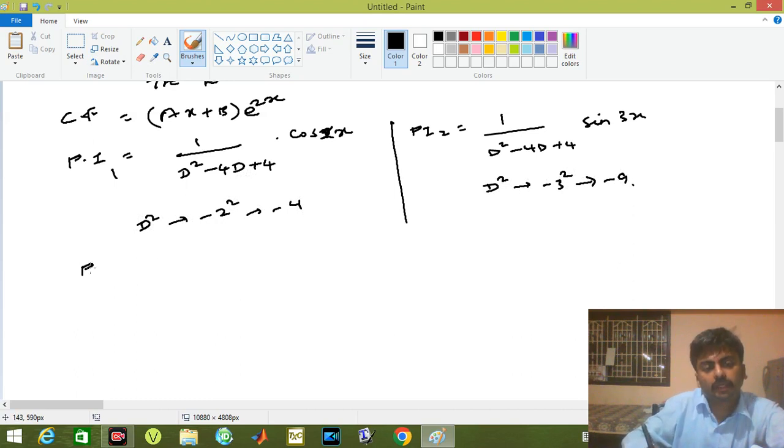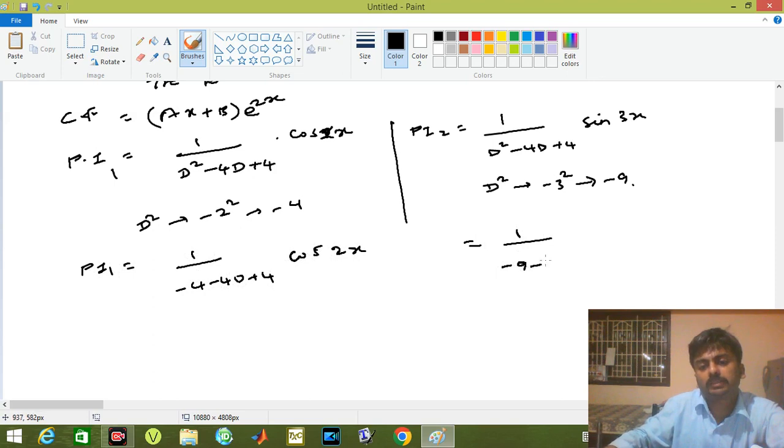So you will get PI1 equal to 1 divided by minus 4d plus 4 of cos 2x. Here you will get 1 divided by minus 9 minus 4d plus 4 of sin 3x.